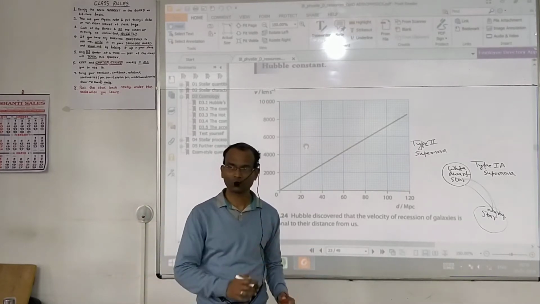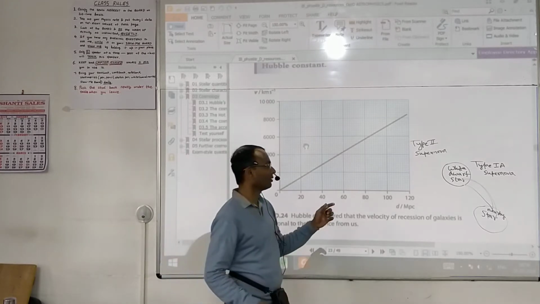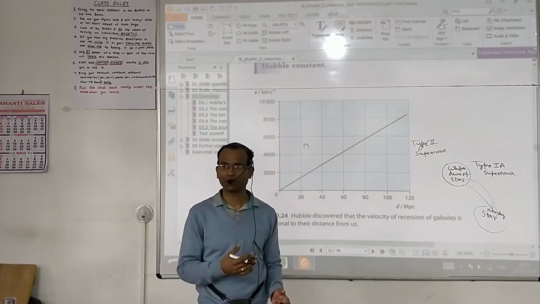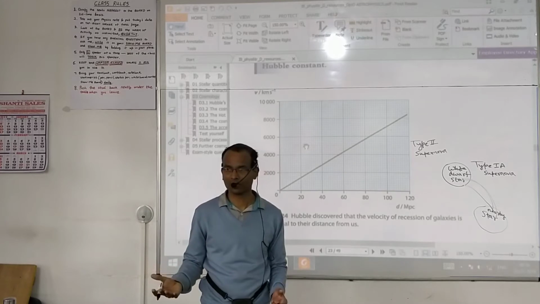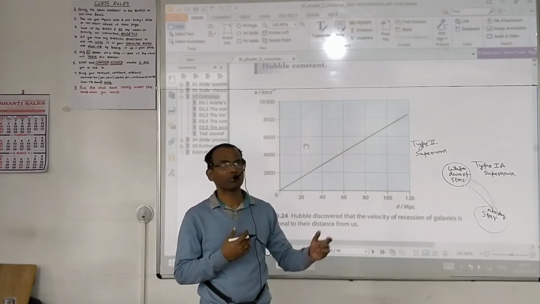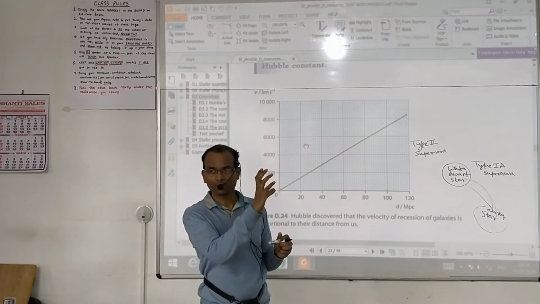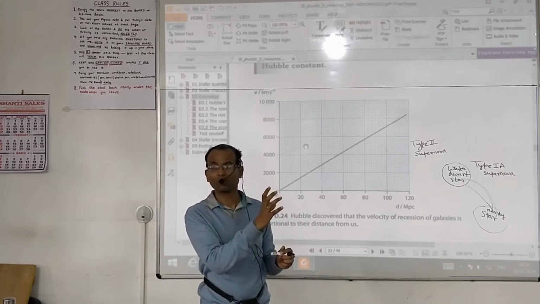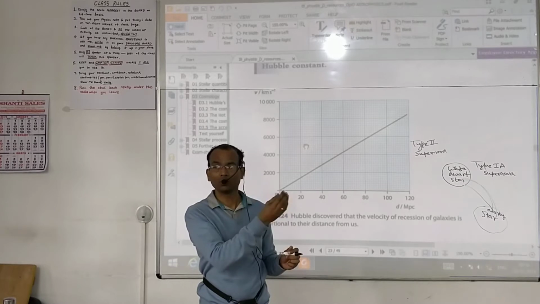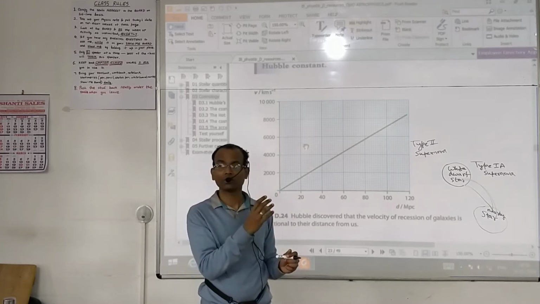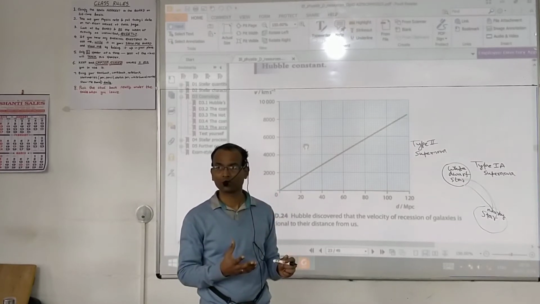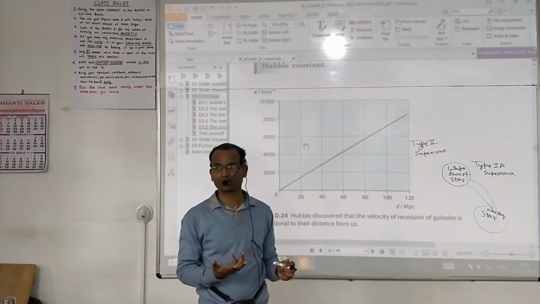So that is type 2 supernova. It varies on the initial mass. Depending on the initial mass, the brightness will keep changing. So we can't make out by looking at the apparent brightness. When a star appears a certain brightness, we don't know whether it is so bright because it's too close or because it's too luminous. So we can never know the true distance.